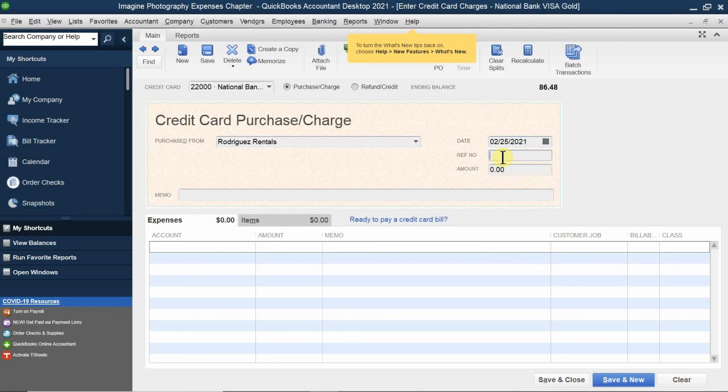Okay? In billing information, in this case, I don't think there is one. So, what I'm going to do here is enter in Rodriguez for the 25th. Reference number, okay, there is one. Reference number is 987153.